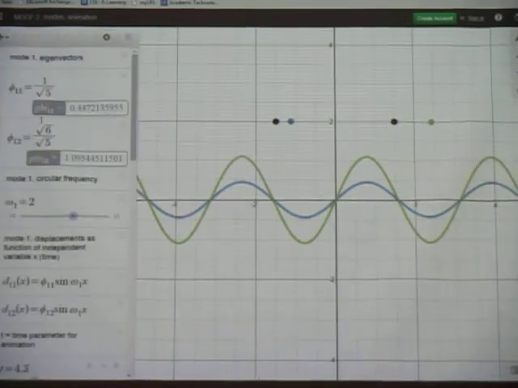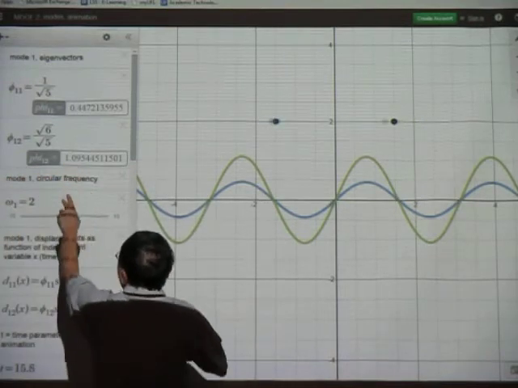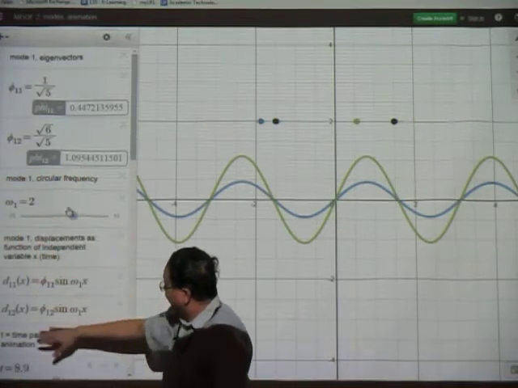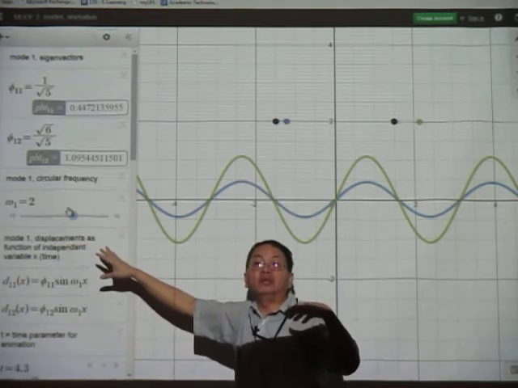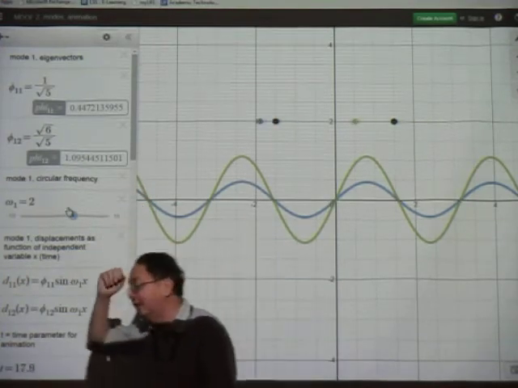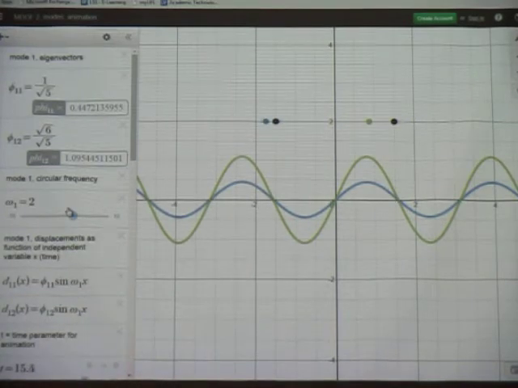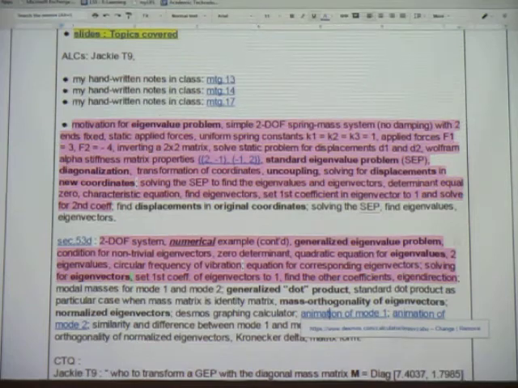And so this is the code. You see that I can write with Greek letters omega, phi, and in the portal of the course, I have a manual showing you how to write these formulas. Let me show you. The portal you can get from Sakai, and I also have it at the top here.